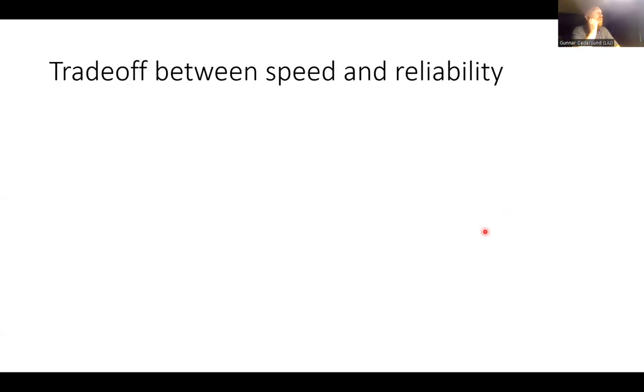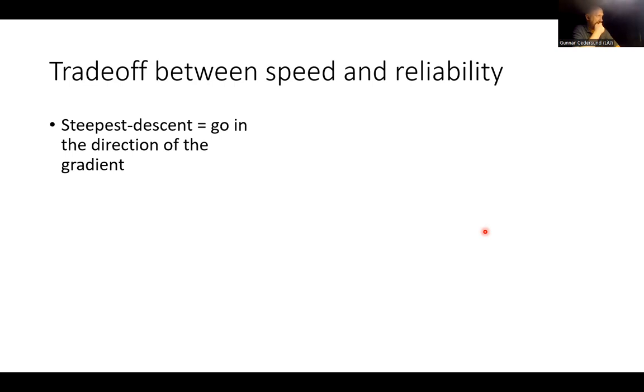But before we go into that, I want to show that all of this, just as in the case of ODE solvers, is a trade-off between speed and reliability. So the slowest option is to simply go in the direction of the gradient, so the first derivative.